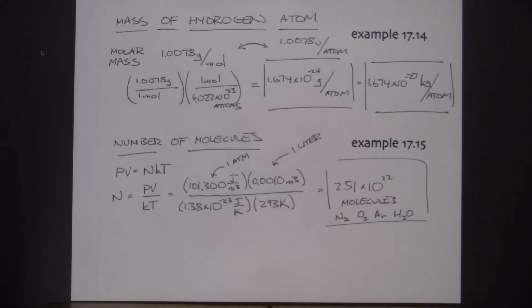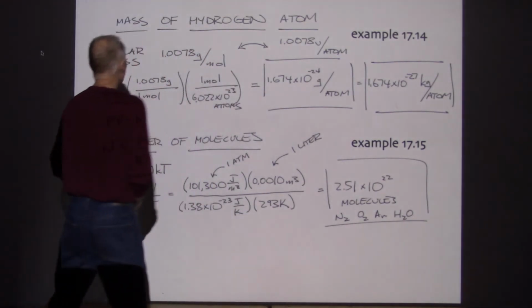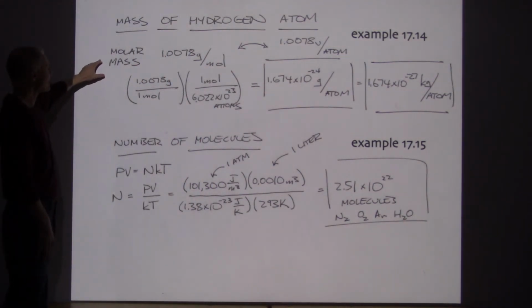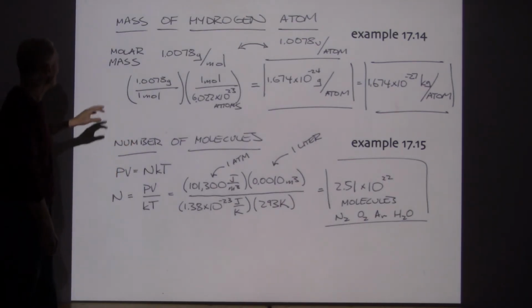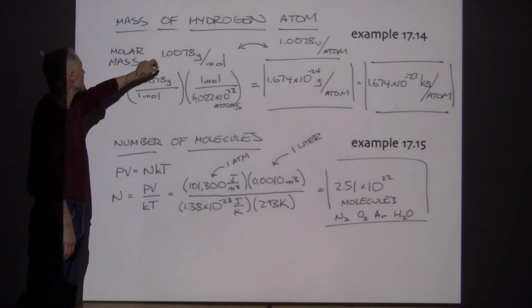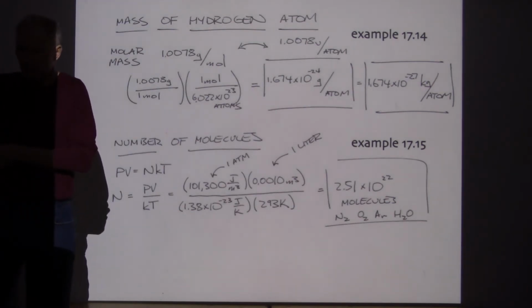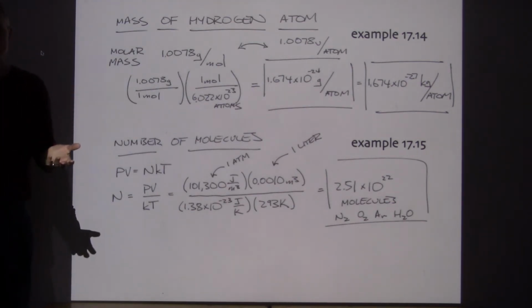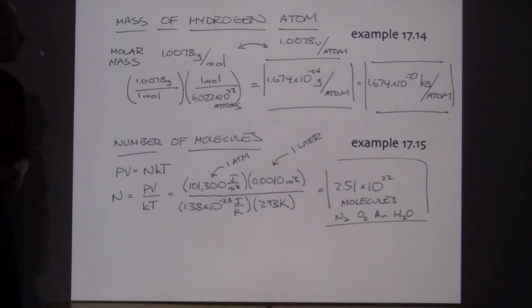And we can take a look in the first one. What we're doing is asking what's the mass of a hydrogen atom, and the molar mass for hydrogen. And again, hydrogen is one of those isotopes where like 99.99% of hydrogen is just the simplest isotope.